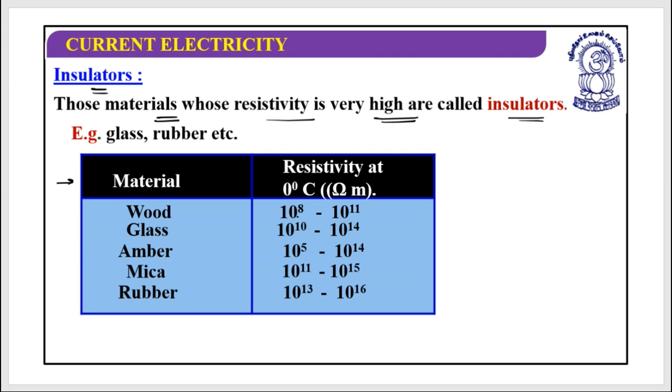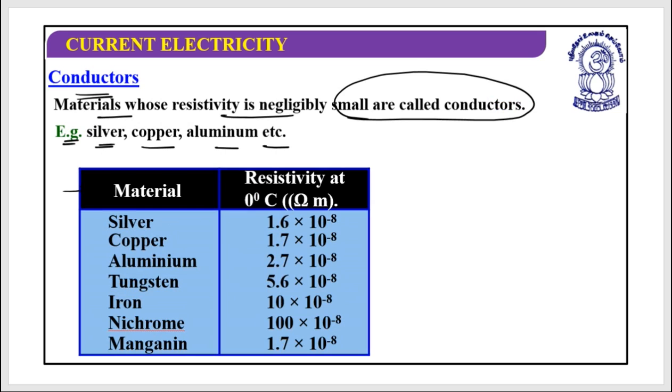Their resistivity is in the range of 10 to the power 8 to 10 to the power 11, and the highest resistivity is of rubber, in the range of 10 to the power 16. If you compare this with the conductors we saw in the previous slide, they have a resistivity of about 10 to the power minus 8.